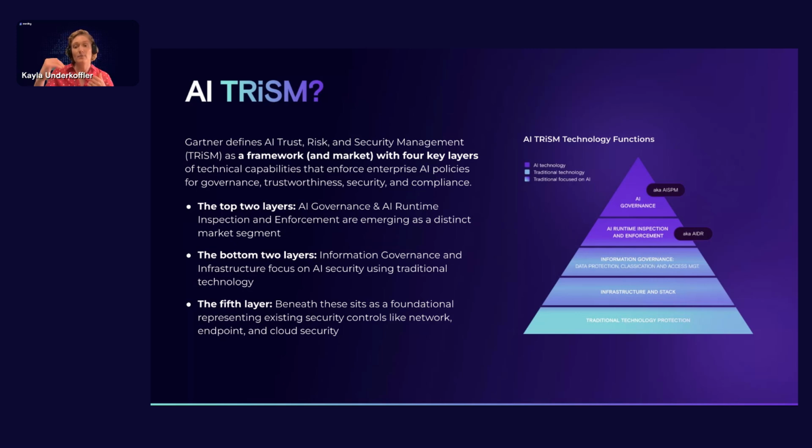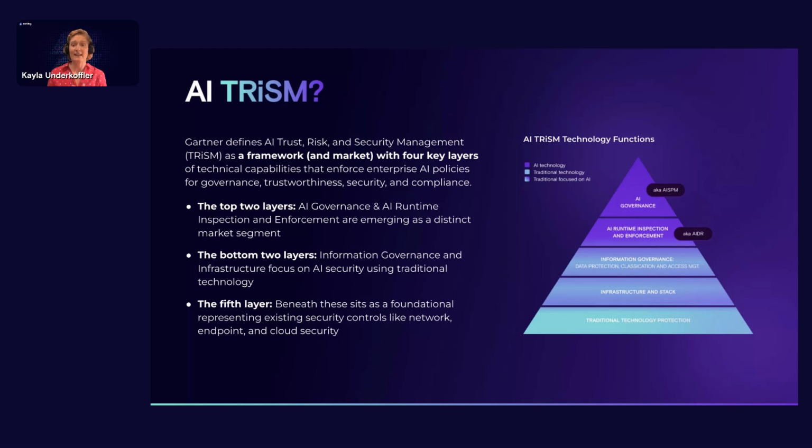We get into information governance. That's a lot of the same story as well. A data protection plan, program, and strategy is critical. Making sure that you know where your data is, where your sensitive data is, and whether it is labeled properly. All of that has not changed from the past.